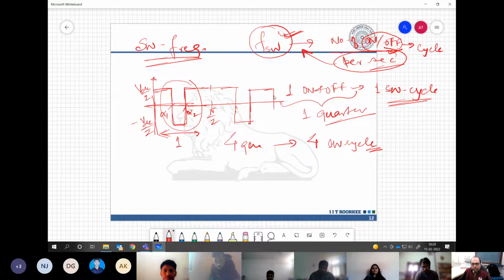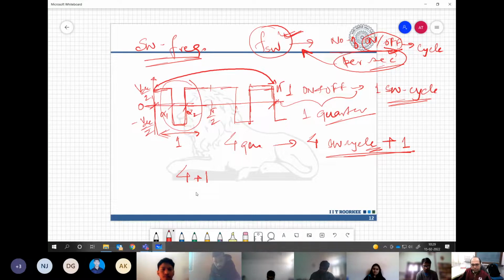We do have transitions happening at 0 and pi as well. So 0 and 2 pi may be the same, but at least 0 and pi are not the same transition. So one inevitable pair of switching transition we have at 0 and pi, which means we have 4 plus 1 in the entire fundamental cycle.